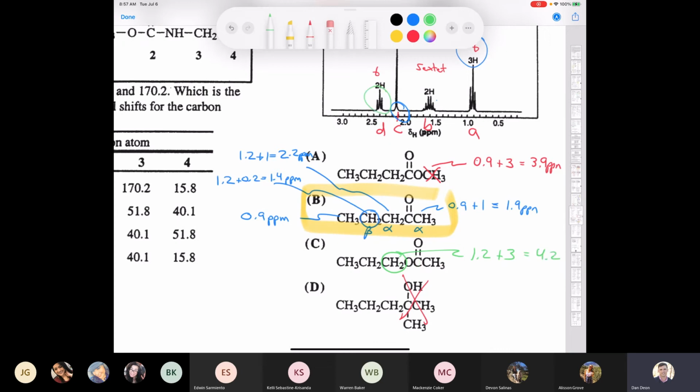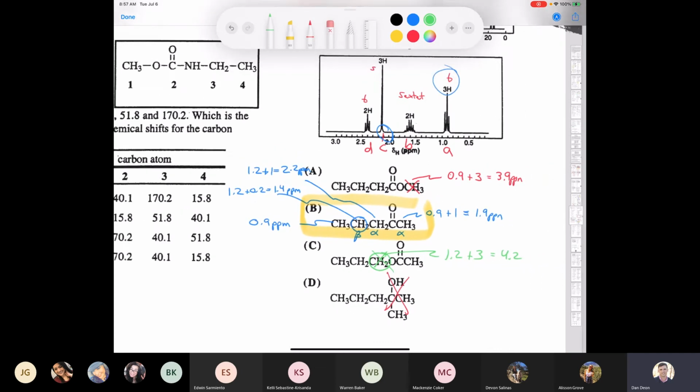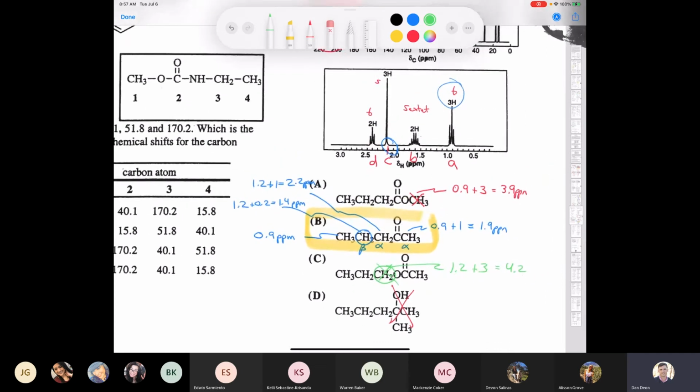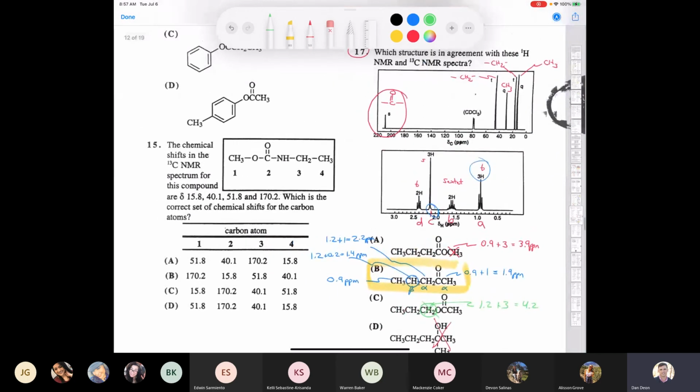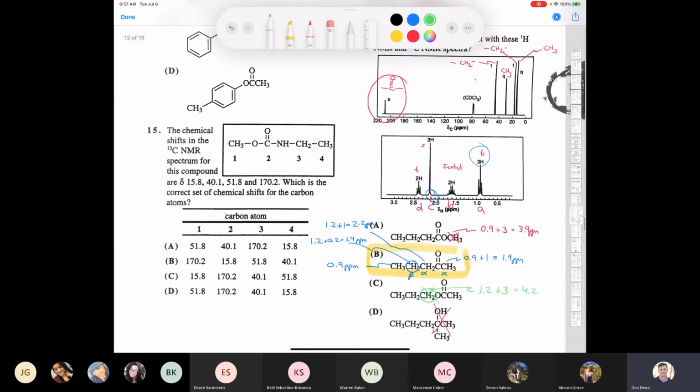So the chemical shift is way too low, and you can see that it can't be this compound. So we eliminated A, C, and D, and we see that the chemical shifts for the proton are pretty consistent with B, and it's also consistent with the carbon shifts as well. And so the answer is going to be the ketone. A little bit more work on this one for sure, but definitely a manageable question.